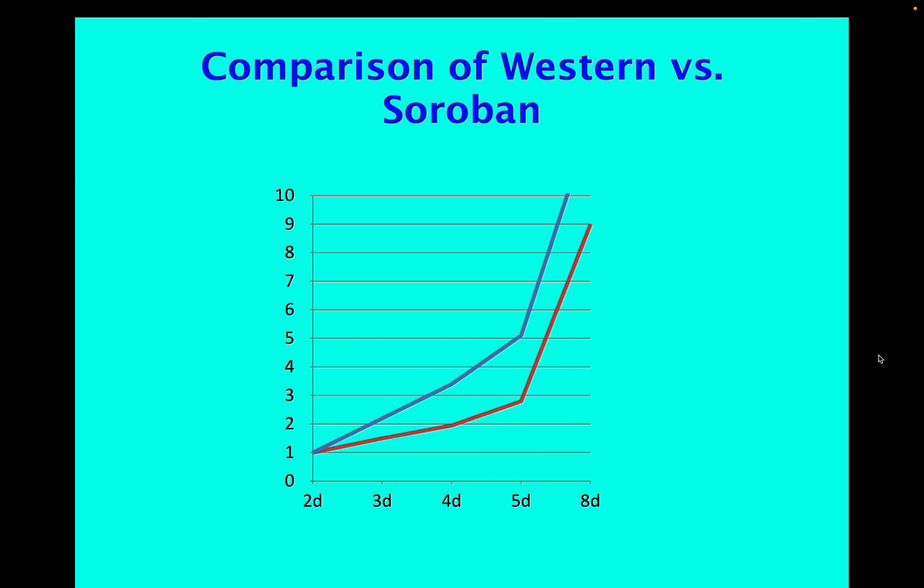So this is a very informal graph of Western versus Sorbonne times, and when I say Western, I really just mean the cross multiplication approach. You can see at 2 by 2 down at the bottom left, it does not really appear to matter. The increase in times for cross multiplication is much more significant as we move to 3, 4, 5 digits than it is in Japan.